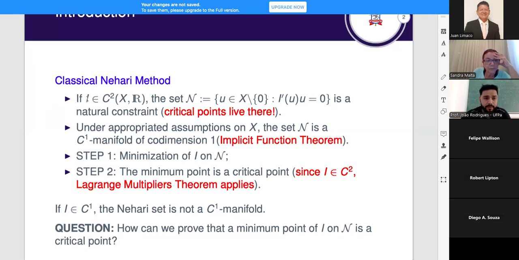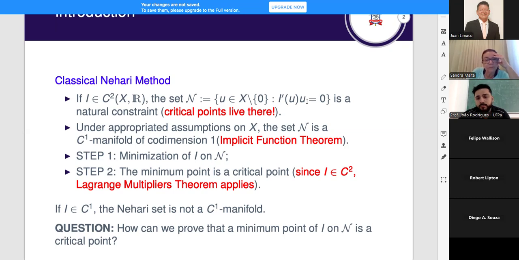For example, if you have a C2 functional defined on some Banach space, we can define an appropriate set like this one, set N, in which we consider all the non-trivial functions u belonging to the Banach space which verify this equality.